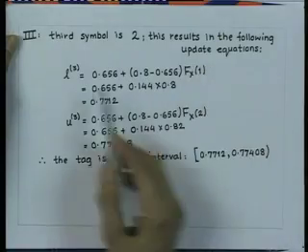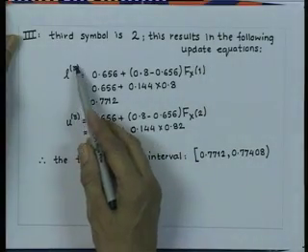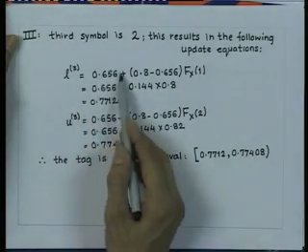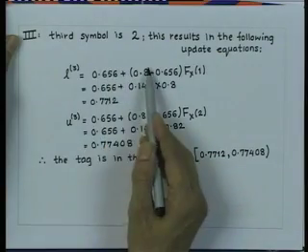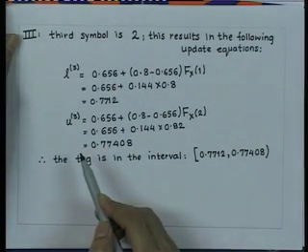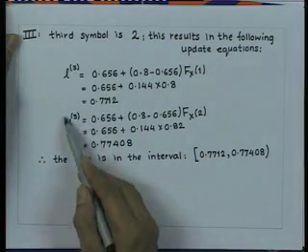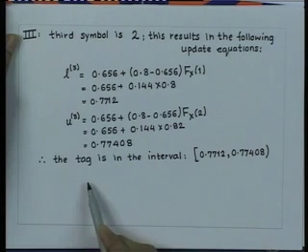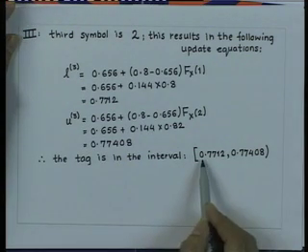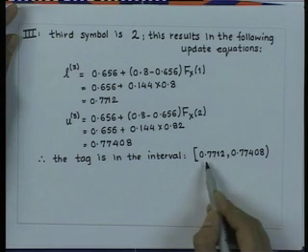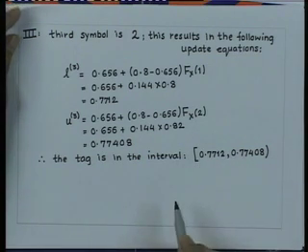So if you progress in this manner, the third symbol is 2, and this results in the following update equation. You get L3, this is your L2, this is your U2, and similarly U3 is given by this. So therefore a tag lies in the interval given by this.